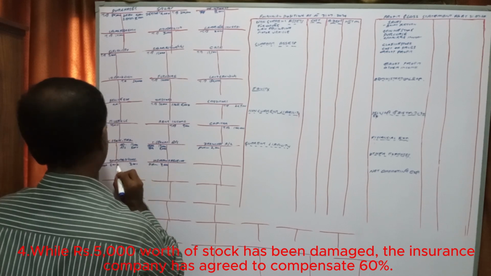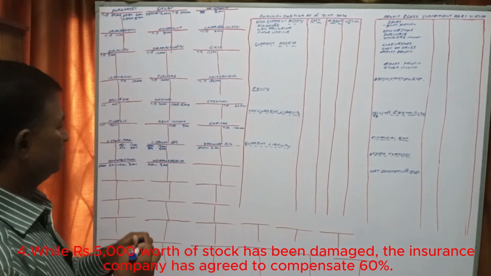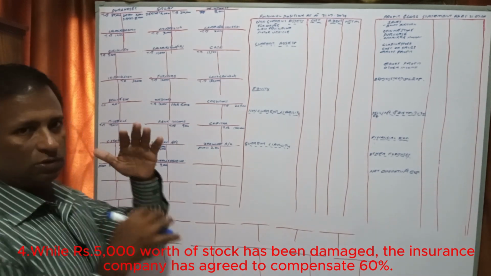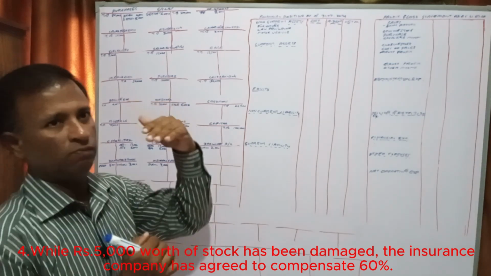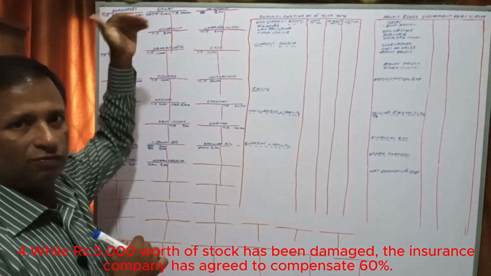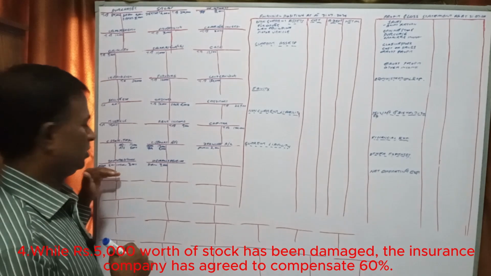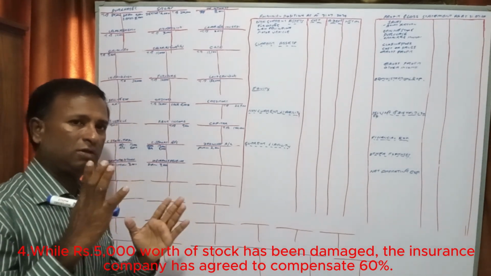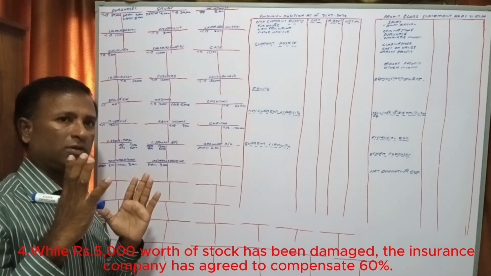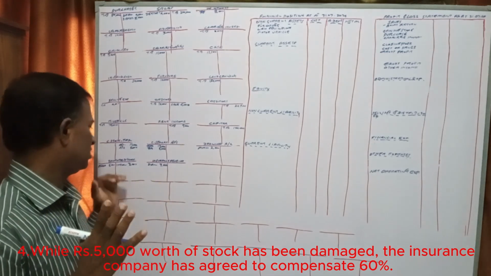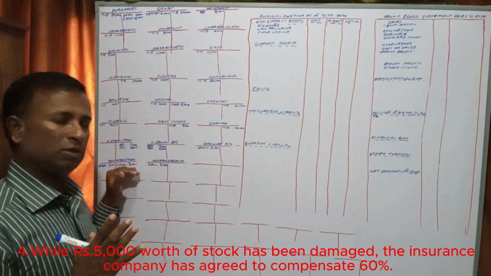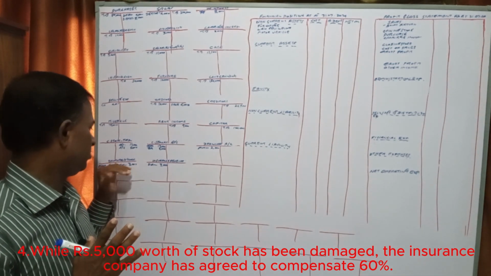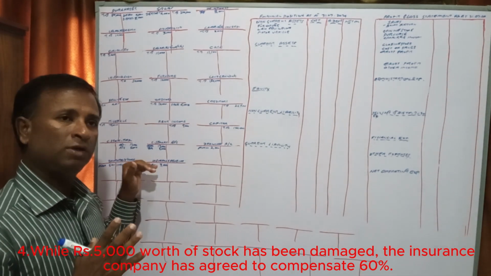Because 5,000 worth of goods got damaged, we removed 5,000 from the purchases and brought it to the damaged goods account. Of that 5,000, 3,000 worth of insurance claim is accepted, so 3,000 has to be removed from damaged goods and transferred to the insurance receivable account.